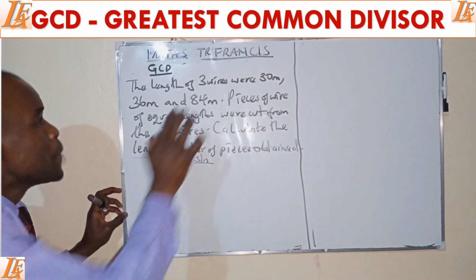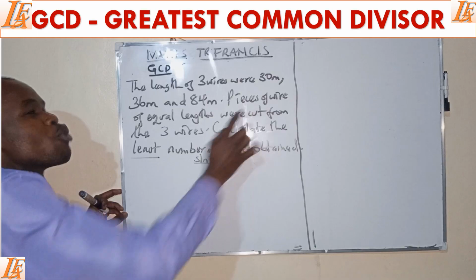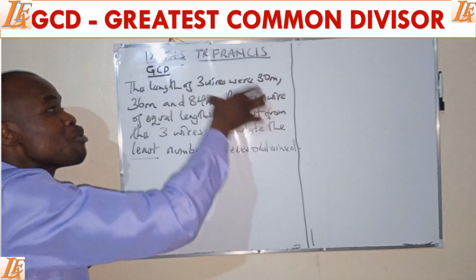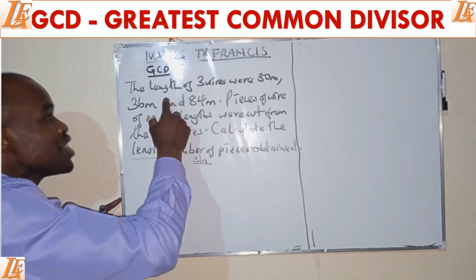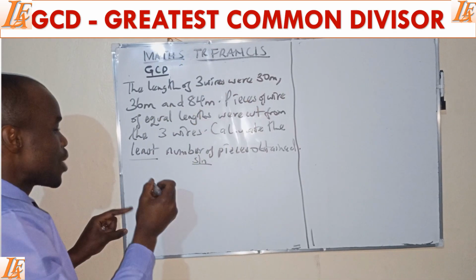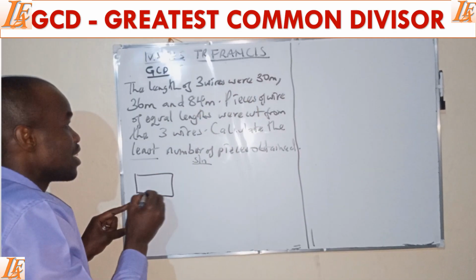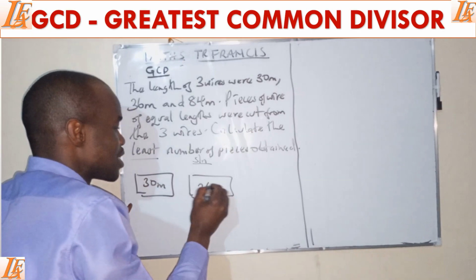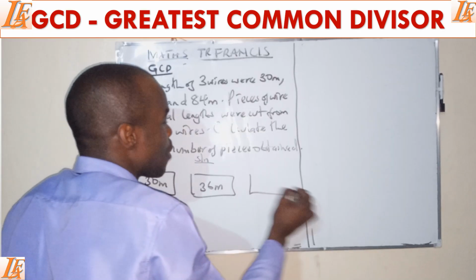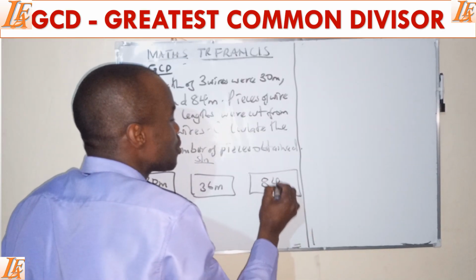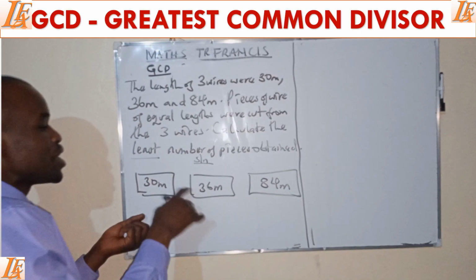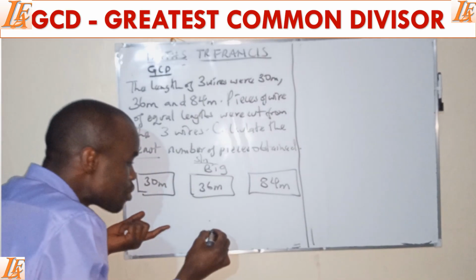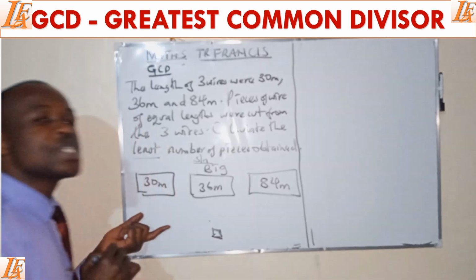You ask yourself, between these three wires and the pieces obtained, which one is bigger? Obviously, we obtain pieces from a bigger item. So these three wires are big: 30 meters, 36 meters, and 84. The pieces we are obtaining are small pieces.